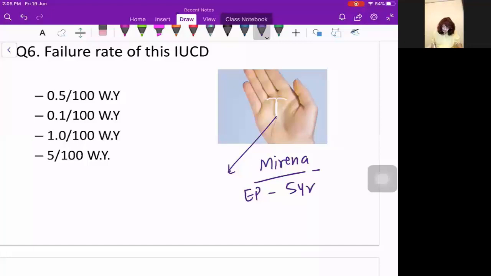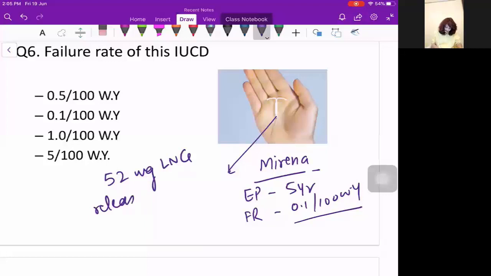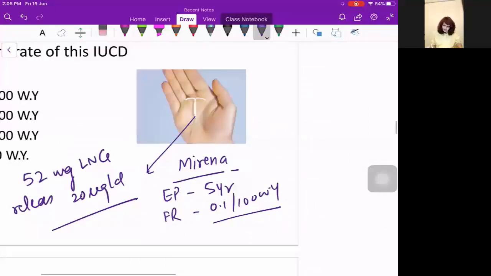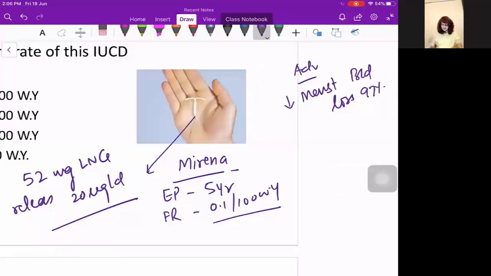Failure rate is 0.1, and it contains 52 milligram of levonorgestrel and releases 20 micrograms per day. Advantage of Mirena is it reduces the menstrual blood loss to near about 97%.